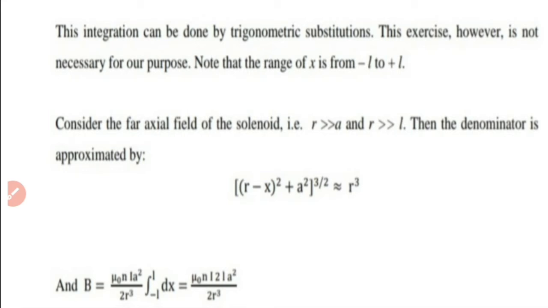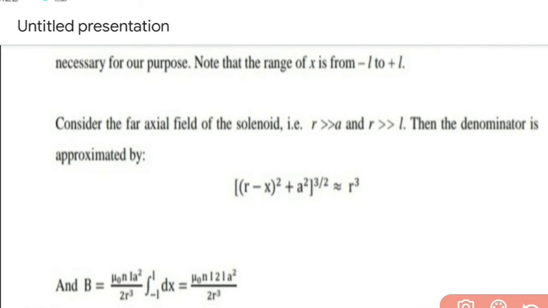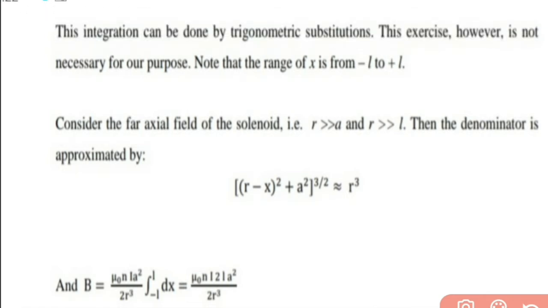That is, when we integrate, that denominator inside the integration, (r minus x) whole square plus a square whole raised to 3 by 2, will be approximately r cube under the limit r very much greater than a and r very much greater than L.